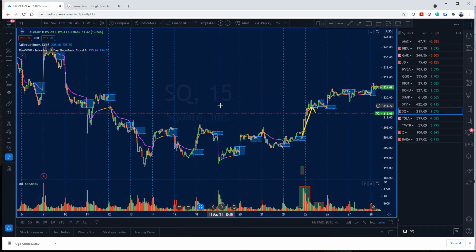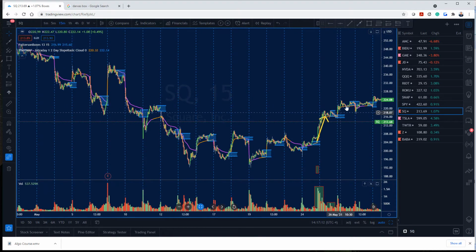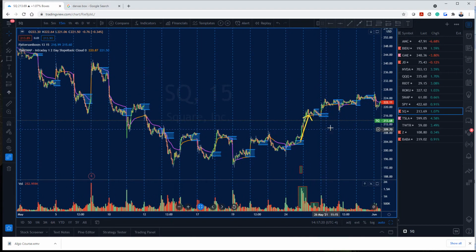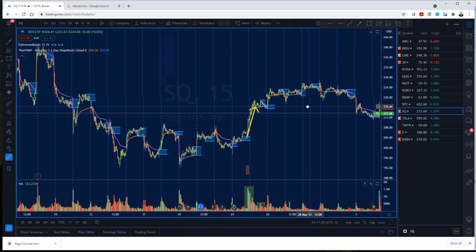The other thing these boxes can do is signal when tops and bottoms are happening very effectively, because when you get multiple boxes at the same price level, it means that price has gone into what we call a compression zone. When you come out of those compression zones, you can catch really big moves.